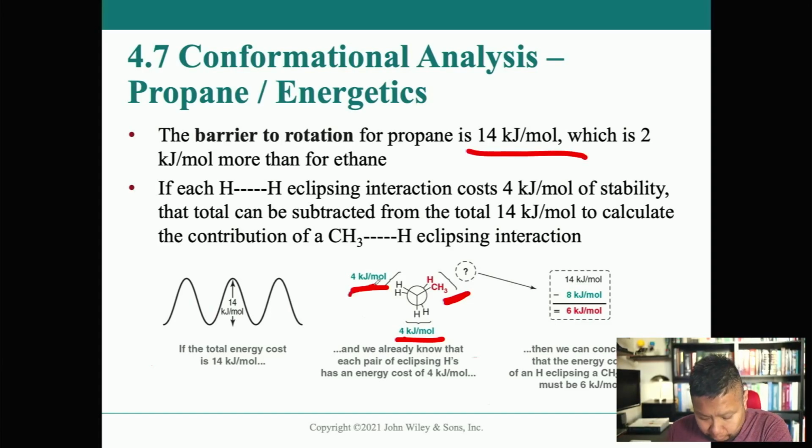Add 4 plus 4 for the two hydrogens and then subtract, and you get 6 kilojoules per mole. So every time a methyl group passes and eclipses a hydrogen, it costs 6 kilojoules per mole. So again, just like in ethane, the staggered is the most energy stable conformation.